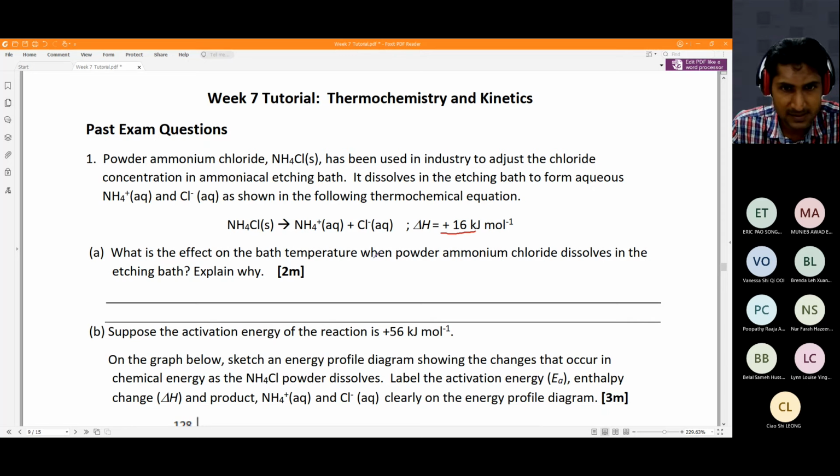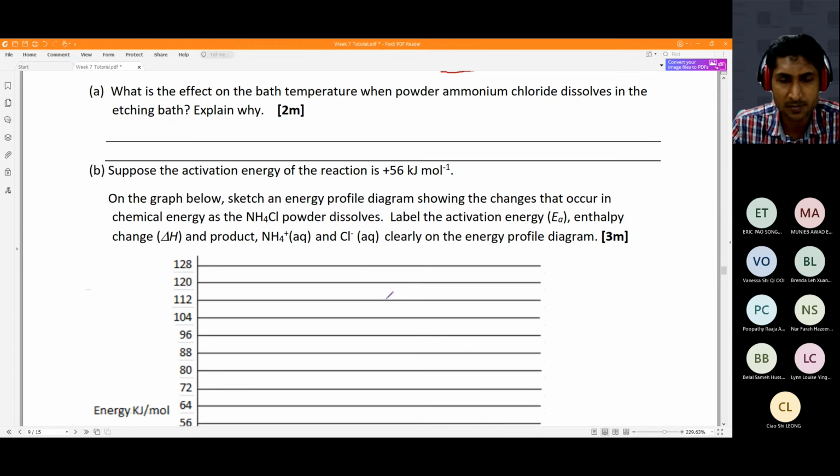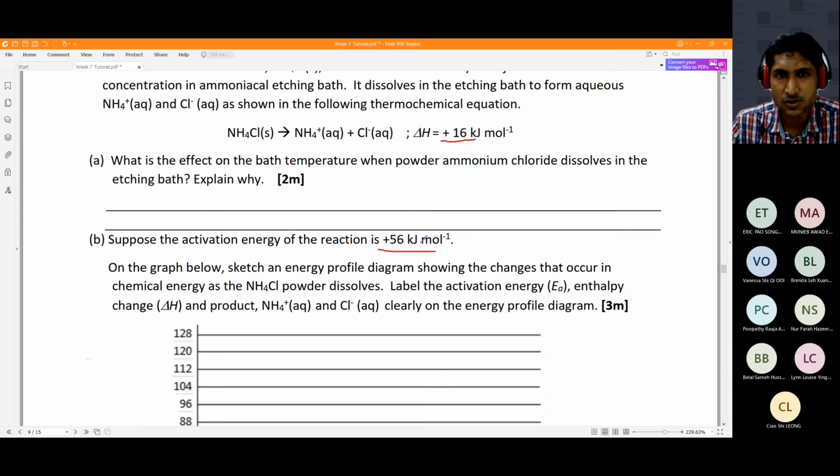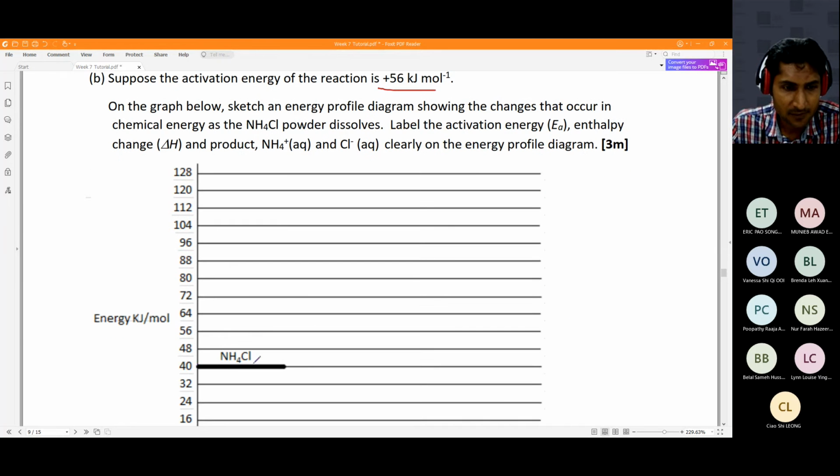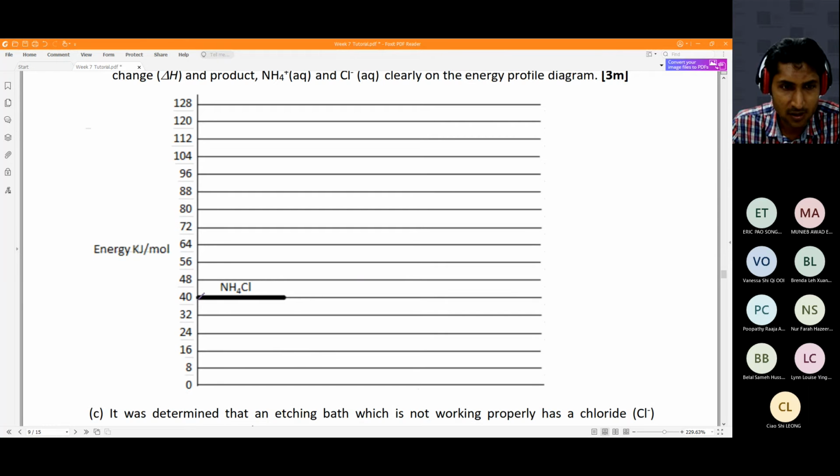What is the effect on the bath temperature? The bath will become cold, or it will feel cold. Suppose the activation energy of the reaction is 56 kilojoule per mole. Now you have to draw a diagram. It starts from here, already given at 40.